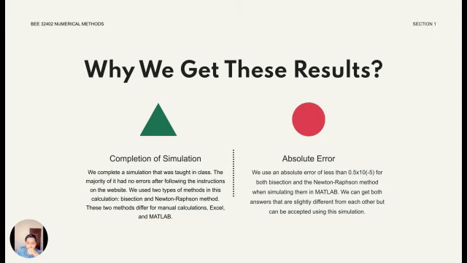The next point is absolute error. We use an absolute error of less than 0.5 times 10 to the power of negative 5 for both bisection and the Newton-Raphson method when simulating them in the lab. Both answers are slightly different from each other but can be accepted using these simulations. I will give the next slide to our next member. That's all from me. Thank you.